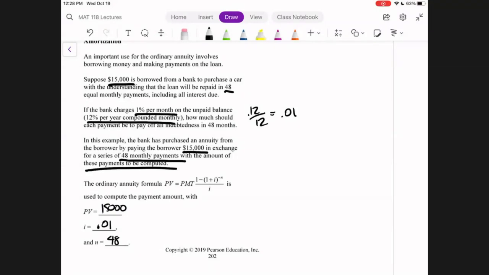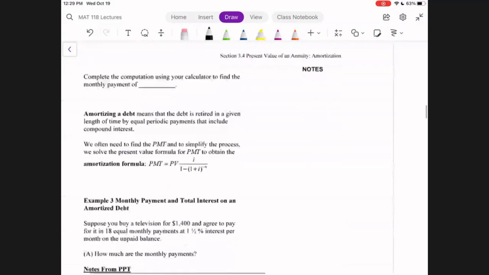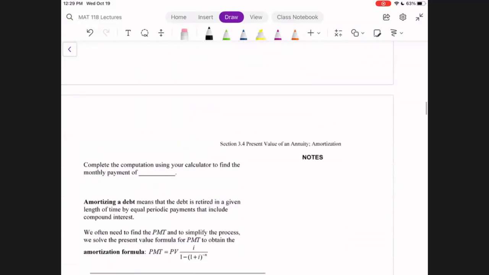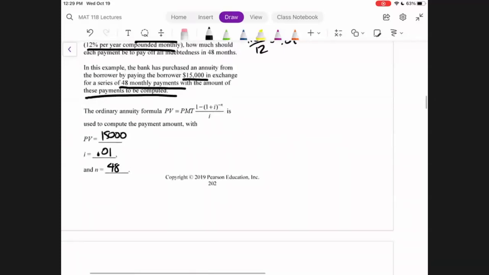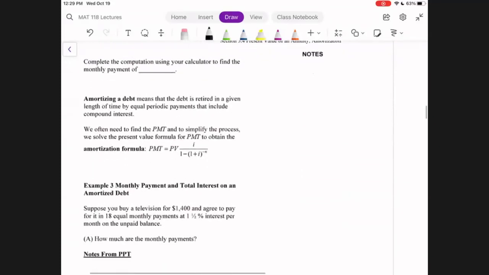And you want to know what the payment would be. So you want to find the monthly payment, so you can practice with this $15,000 here. And this talks about if you want to do amortization.